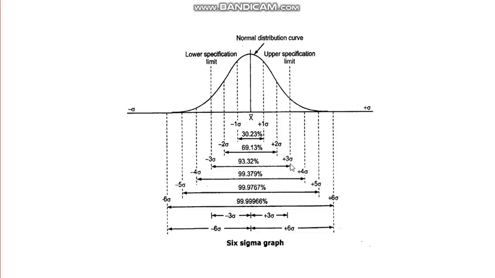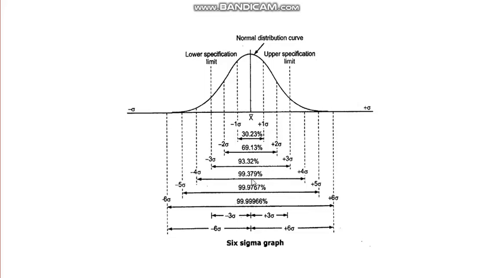Then if you take plus or minus 3 sigma, 93.32% are non-defectives, but still around 7% are defectives. If you take 4 sigma, 99.379% are non-defectives, and defectives are less than 1% only.